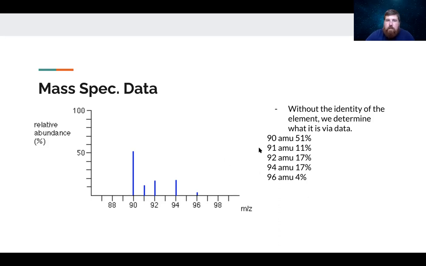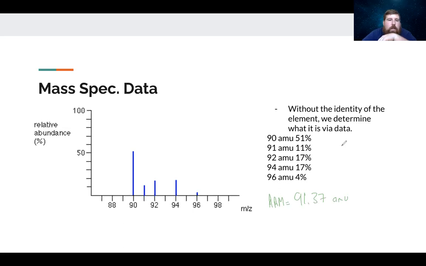So it looks like the average atomic mass for this chemical is going to be roughly 91.37 AMU. So I can go ahead and pull up a periodic table.